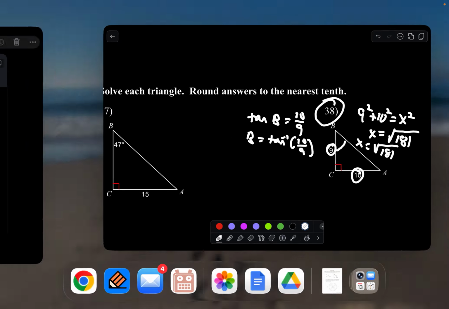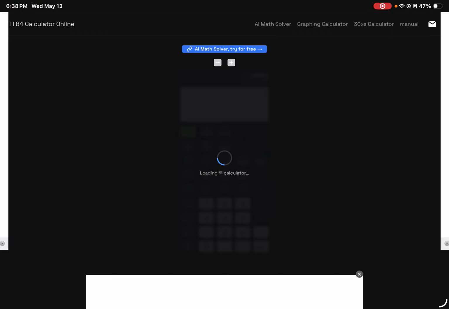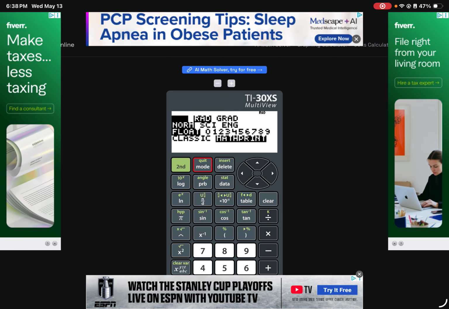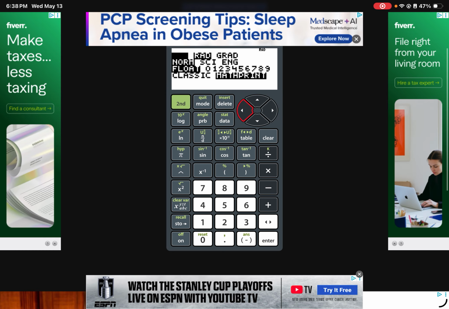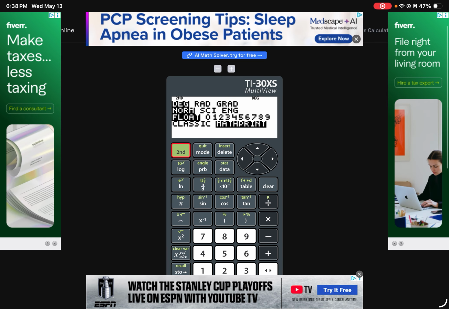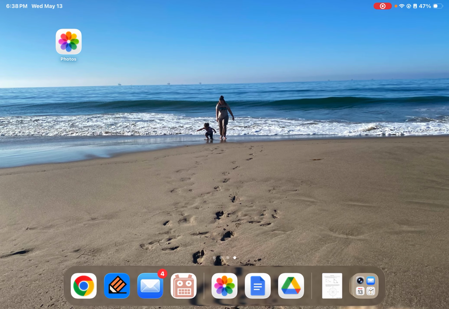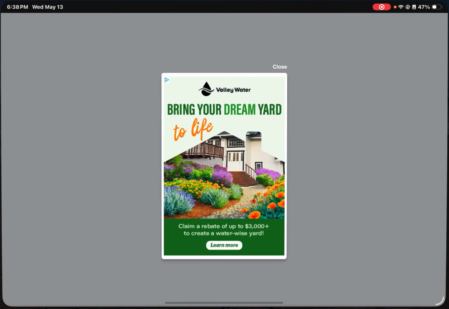I'm going to do it on the screen so you can see it. Every time I open this up, I know for a fact my calculator is in radian mode. So the first thing I'm going to do is switch it over to degree. Okay, now it's in degree mode. And it was, I believe, 10 over 9. It is.